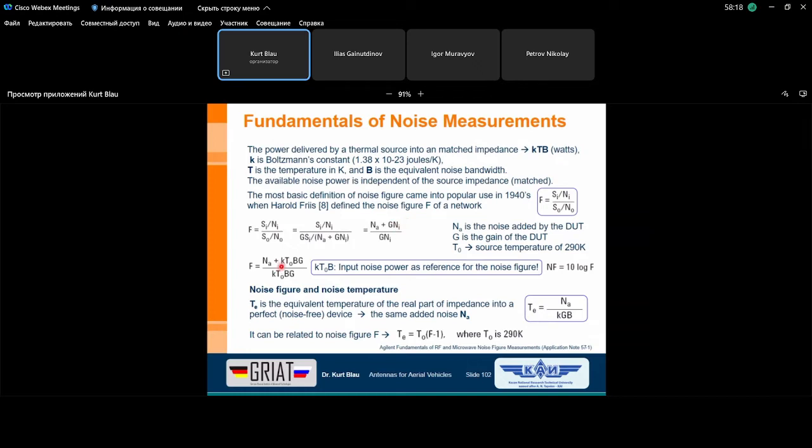This is the small k, the Boltzmann constant, then the temperature of the source, this value, and the bandwidth of our device under test, not the bandwidth at the input of the device under test, because this makes no sense, because the noise power at the input must go through the device under test, so it has to pass the internal bandwidth of our amplifier.